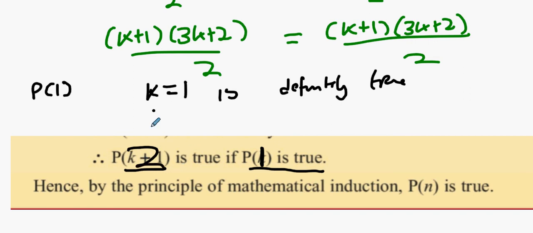And if k equals 2 is true, what does that mean? k equals 3 will be true. And so on and so forth for all the natural numbers. So that's all you have to say at the end. P of k plus 1 is true if P of k is true. Hence, by the principle of mathematical induction, that is basically what I showed you there a second ago. 1 proves 2, 2 proves 3, 3 proves 4, all the way up. P of n is true. Is that alright? Now, it is quite difficult.